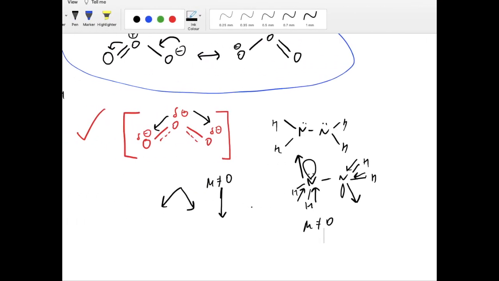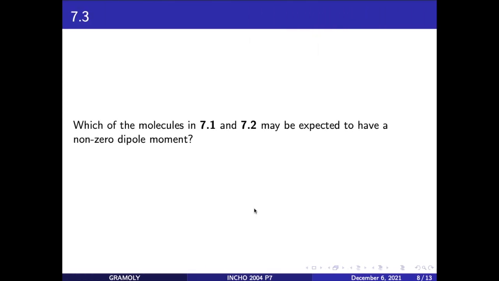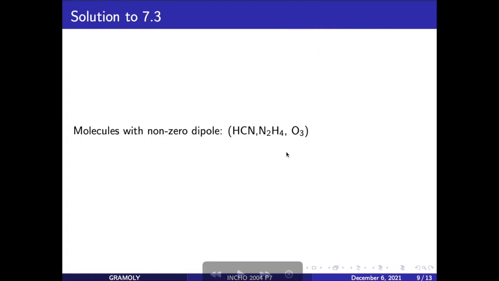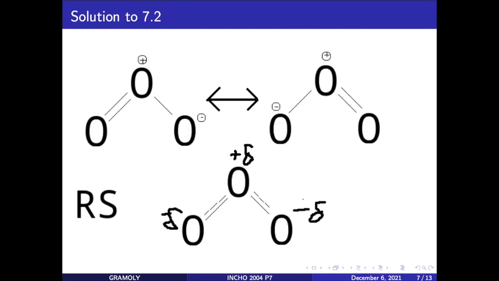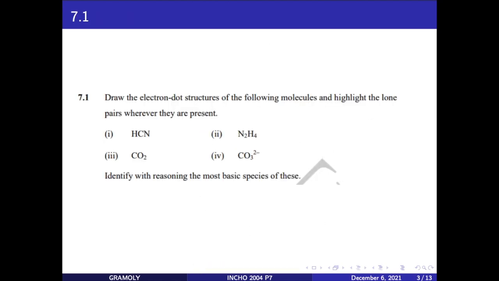Now moving to the next problem, you can see the solution here. N2H4 and ozone. Okay, so they also wanted us to check the options of 7.1 as well, since HCN is given as an answer. If we go to 7.1, HCN, and the other two are CO2 and CO3.